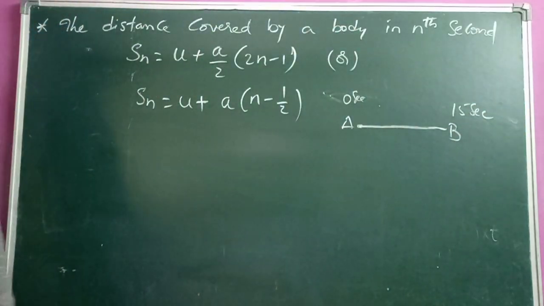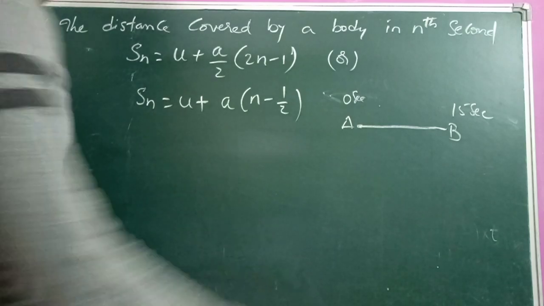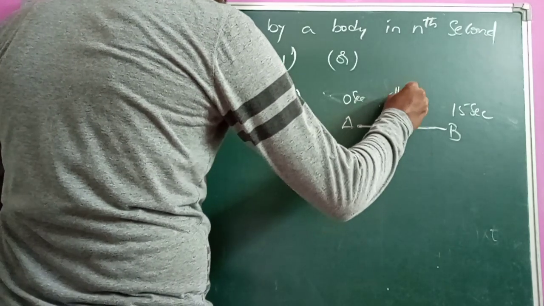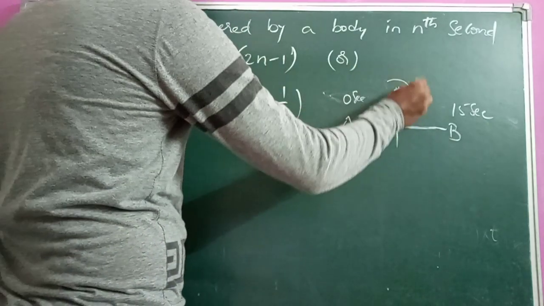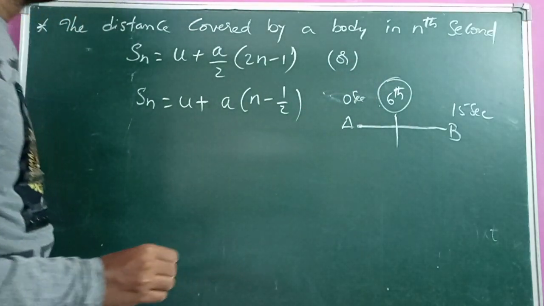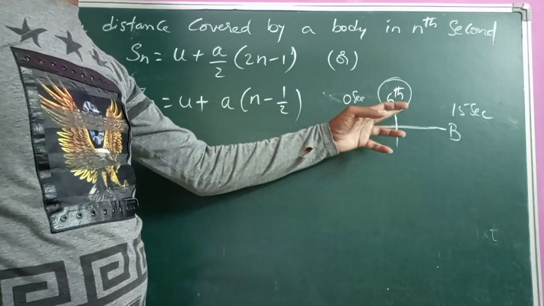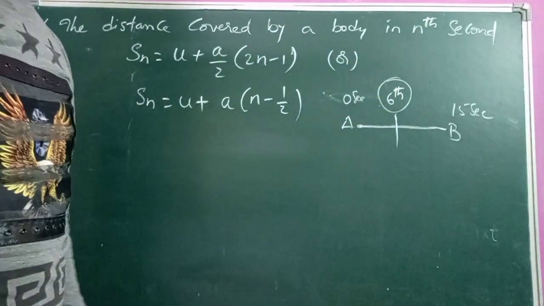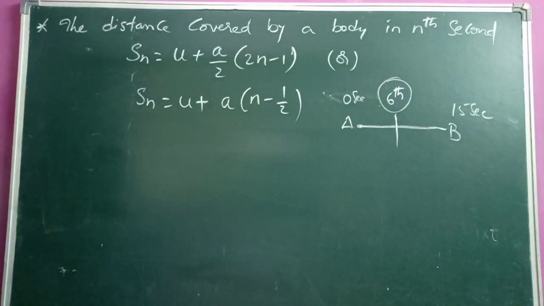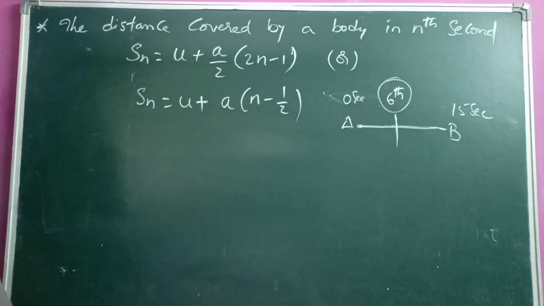From A to B the journey took 15 seconds. So in the 6th second, how much distance is travelled only in the 6th second? To find the distance travelled in the nth particular second, we should apply the formula Sn is equal to u plus a by 2 of (2n minus 1). The derivation of this equation we will see in the next class.